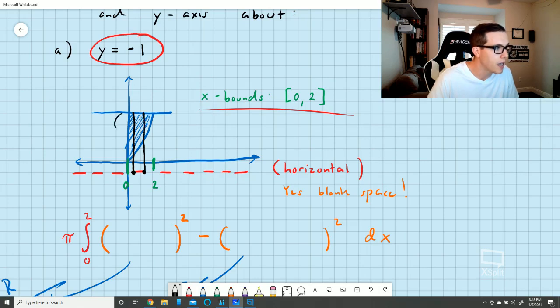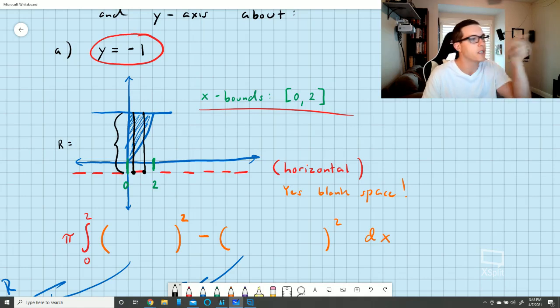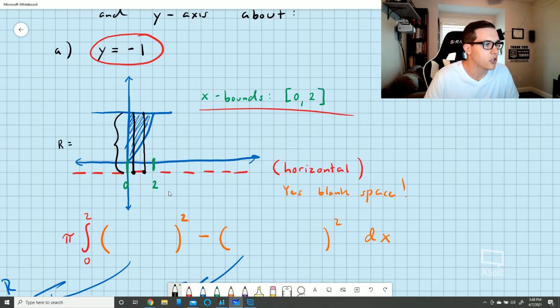In this case, big R is the same no matter where I draw it. Big R is not changing, and that's because the top function is constant. So when the top function, which in this case was y equals 4, is not changing, it's a little bit easier to think about. Just look at that distance. How big is this distance? It's 1, 2, 3, 4, 5. Now look, it's not 4.